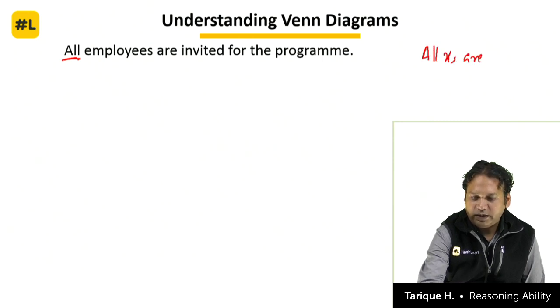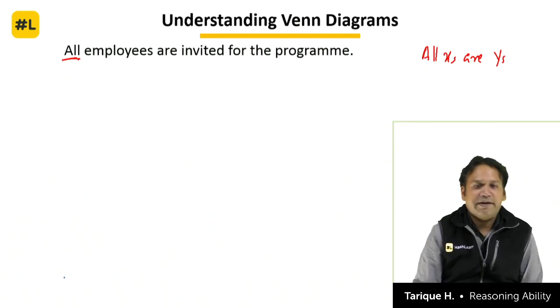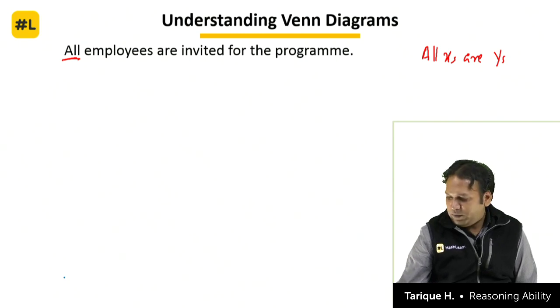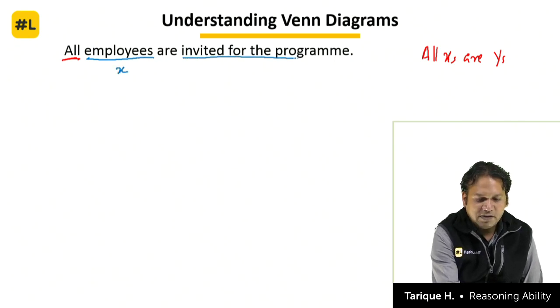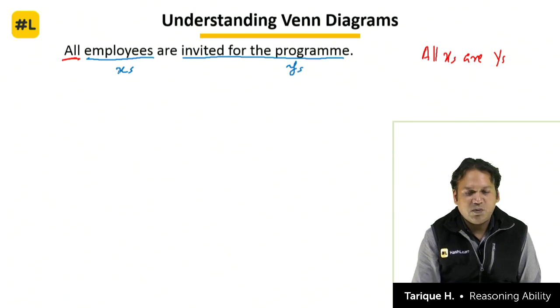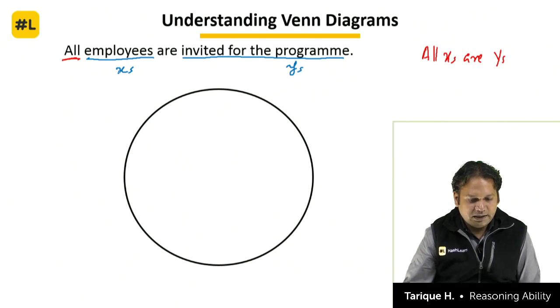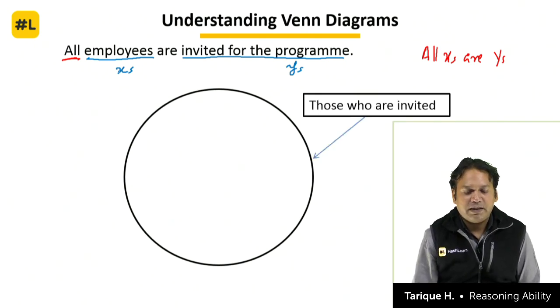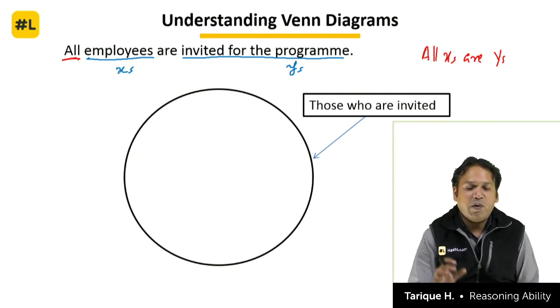Now let's see the graphical method of understanding this. All employees are invited for the program. Here employees is your x and invited for the program is your y. All x's are y's. So let's say this circle represents those who are invited. Then where will the circle of employees be?